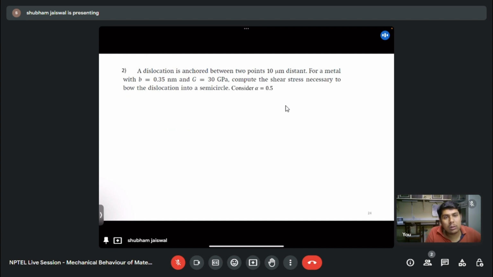So first we'll write what things have been given in the problem. They have given b equal to 0.35 nanometer or 0.35 into 10 to the power minus 9 meter.